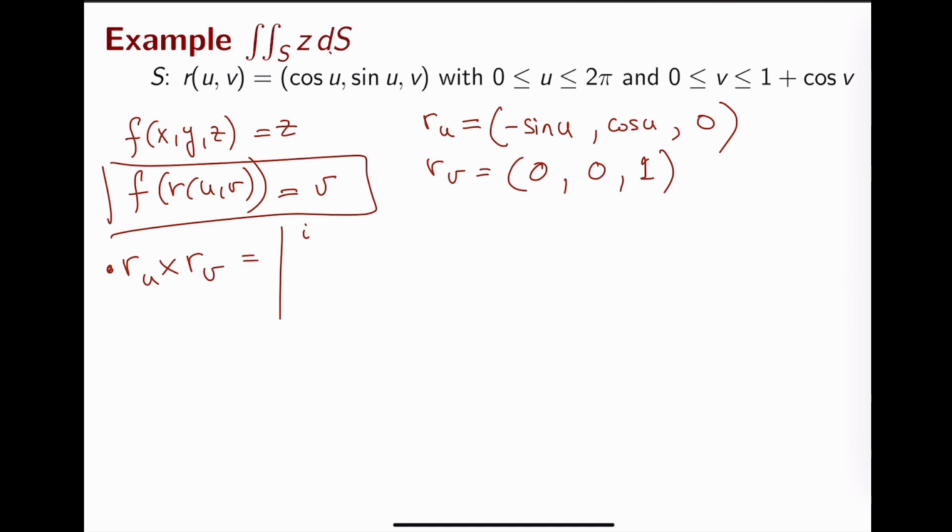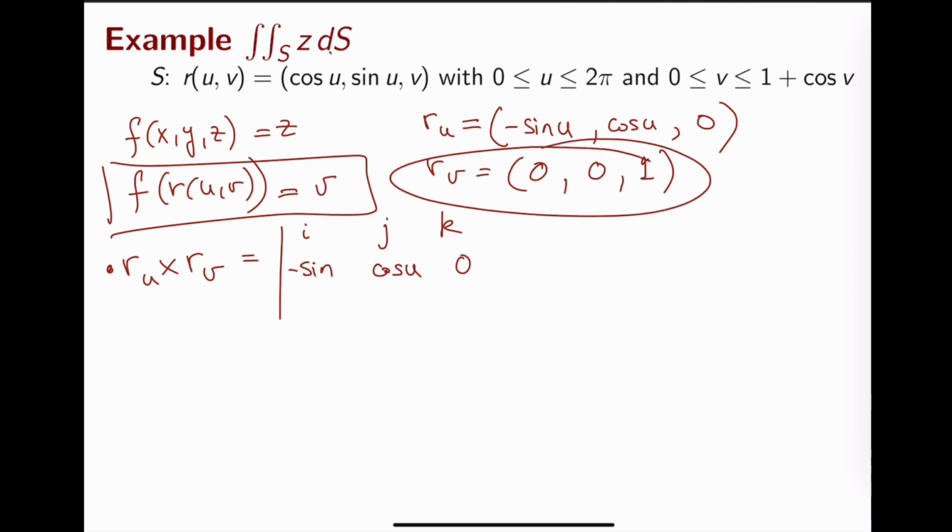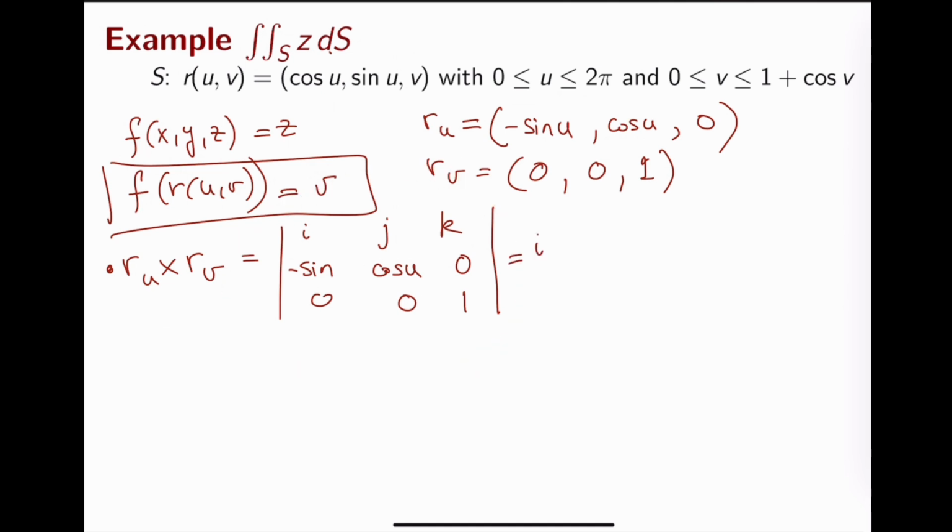So the cross product is calculated by writing here i, j, k, and now we put this vector as the second row and this vector as the third row. And now we just calculate this determinant that will be i times, and so we eliminate these two and multiply this determinant, which is cosine of u minus 0.